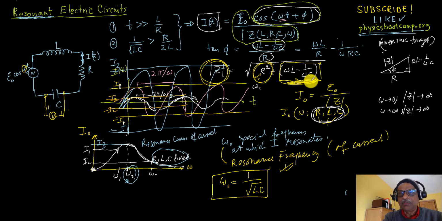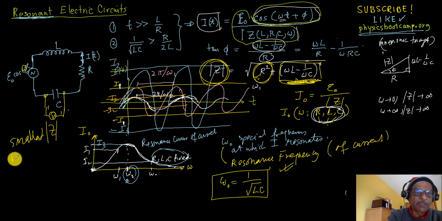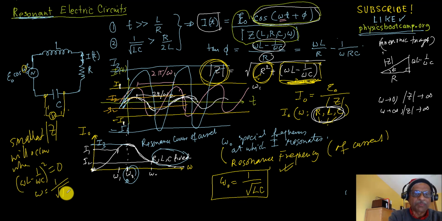This is the only frequency-dependent part. So the smallest Z will occur when omega L minus 1 over omega C, this squared term, is 0. And that means omega equals 1 over square root of LC. Of course, you're going to have a plus and minus here, but I'm just writing the positive frequency.